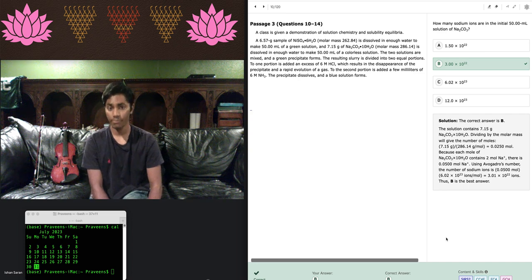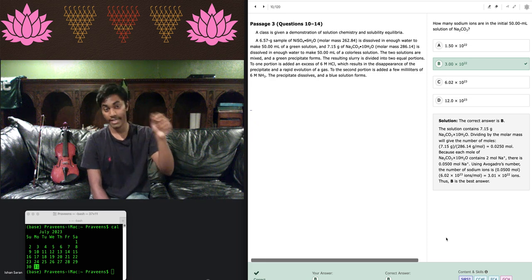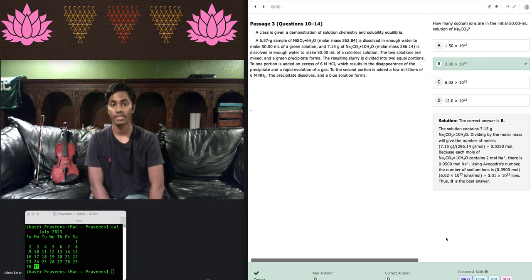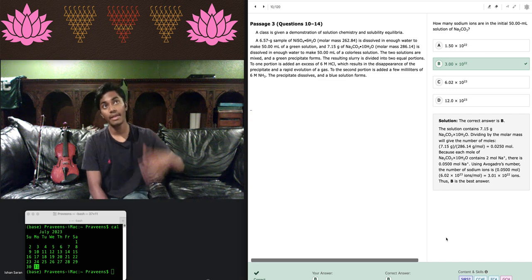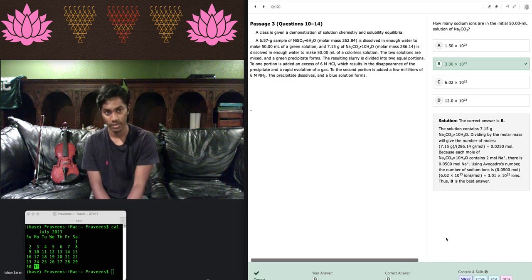Let's go 7.15 grams times 286.14 grams per mole. So I actually want to invert that. So I want to say 7.15 grams times 1 over 286.14, which means moles per gram. The grams cancel, which leaves me with the amount of moles. Then if I multiply that by Avogadro's number, I will get that many molecules per mole. The moles will cancel out, and I'll be left with the number of molecules I have.